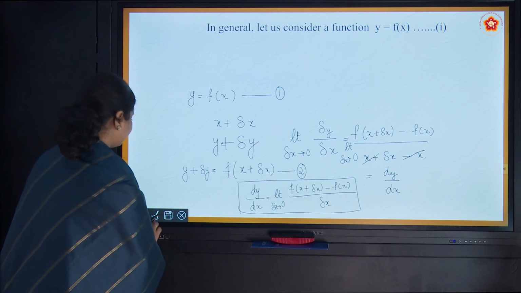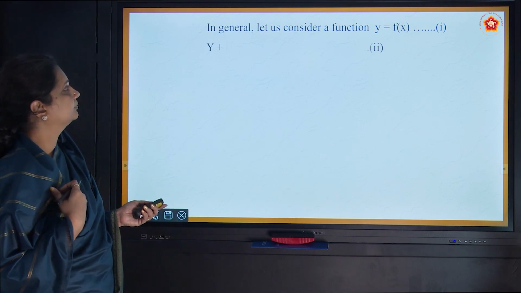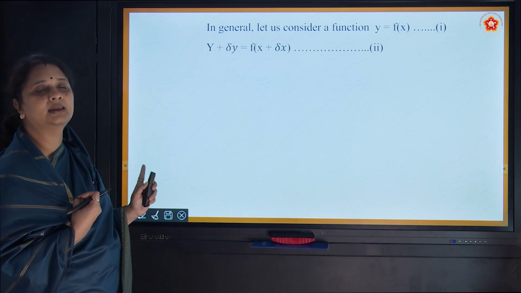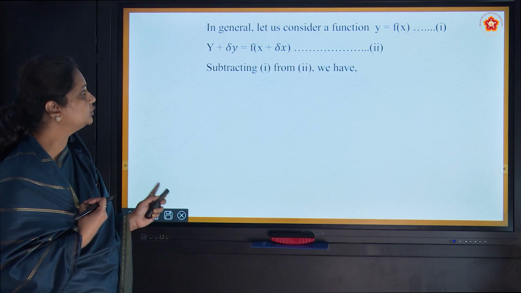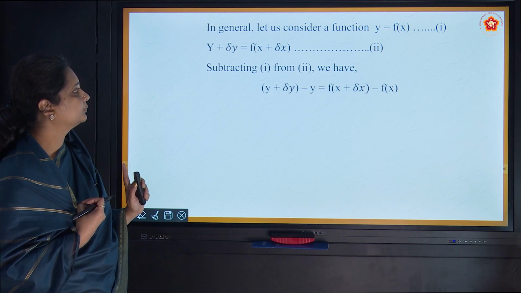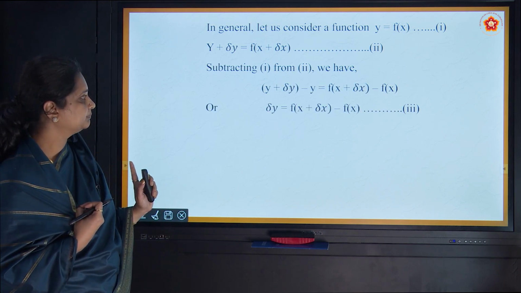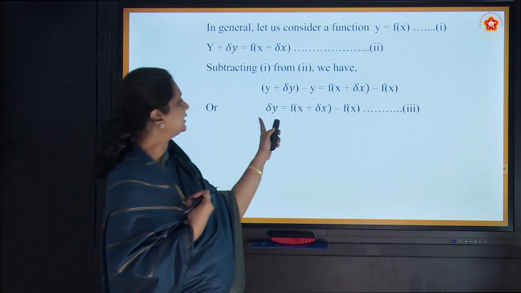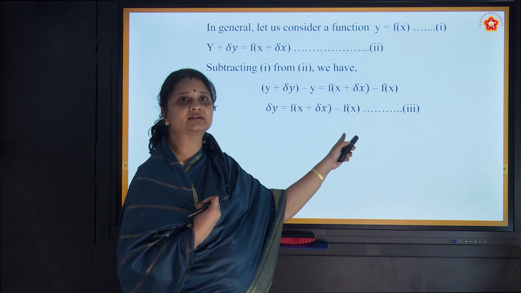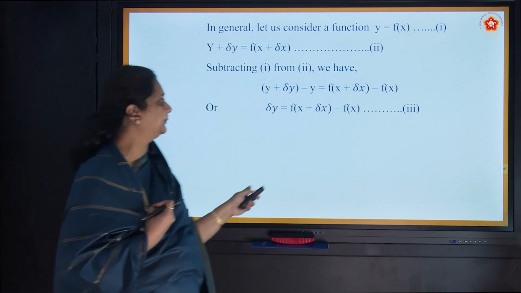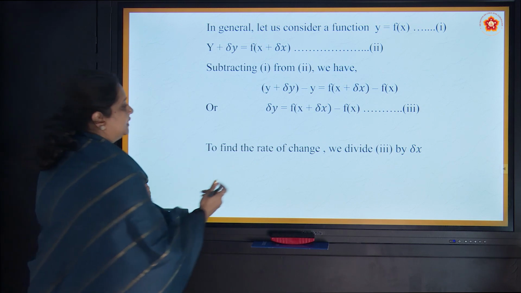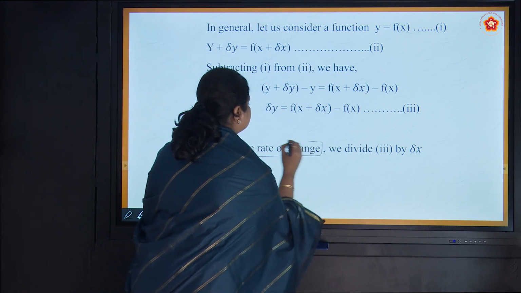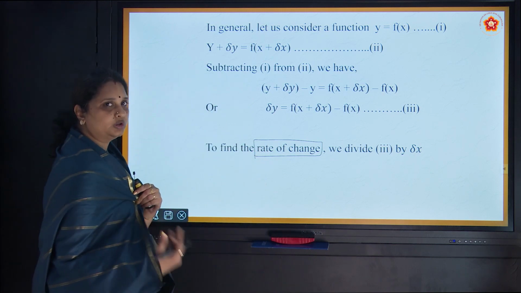Let's quickly have a look. So this is my increment in the function value. Again subtracting 1 from 2, we have this. And then from here we find del y by subtracting. So this is our increment in y. Now to find the rate of change, called differentiation, what do we have to do?